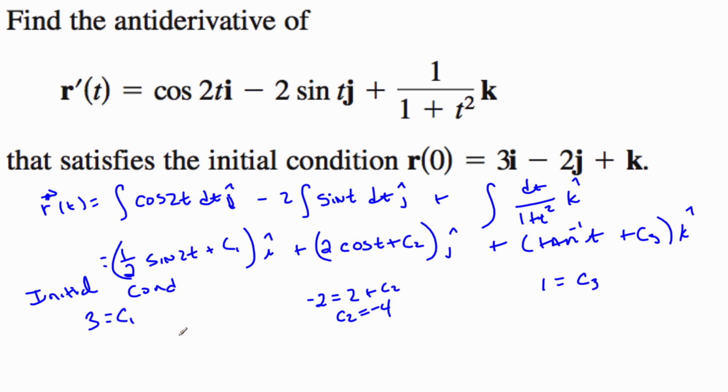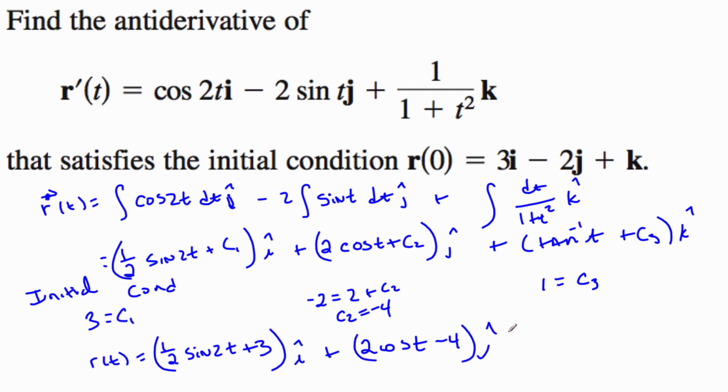All right, so my answer is r of t is equal to 1/2 sine 2t plus 3 i plus 2 cosine t minus 4 j plus inverse tangent t k. So what started out as an ugly problem actually simplified quite easily.